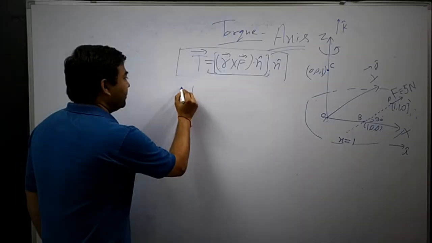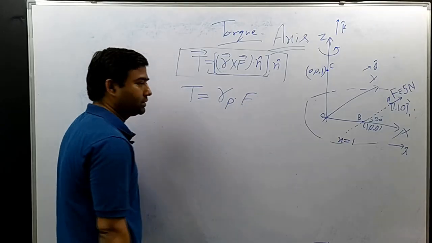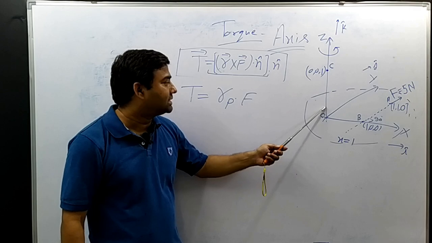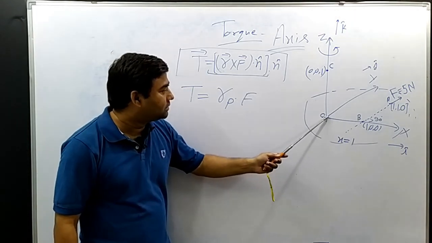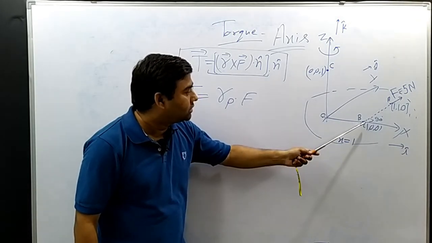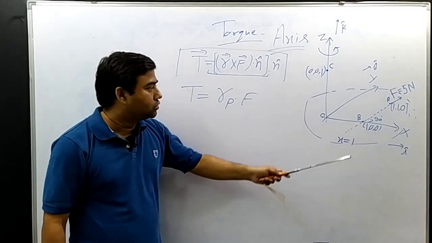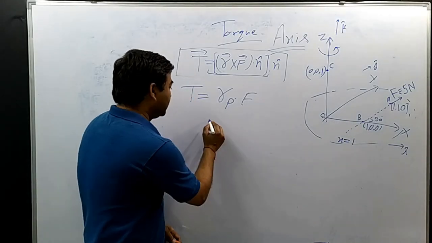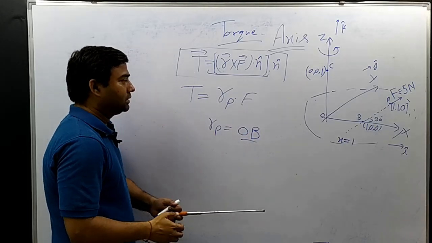In that case, the magnitude of torque was given by Rp into force, where Rp is the perpendicular distance between axis and force. Here the perpendicular distance is 1, because the intersection point at the x-axis is (1, 0, 0). So the perpendicular distance is OB.